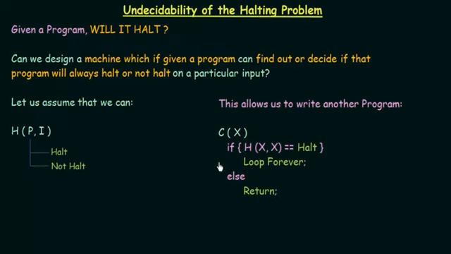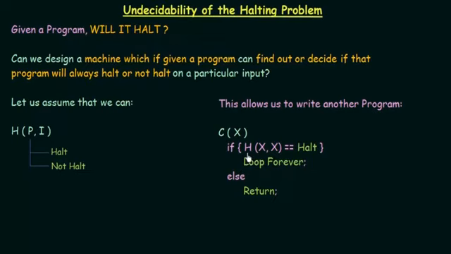So I'm going to have two conditions here. If H gives the output halt, meaning H tells me that X on input X is going to halt, then I am going to write something that will loop forever. Alright, I can do this.